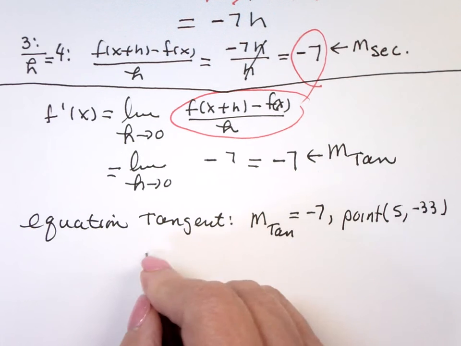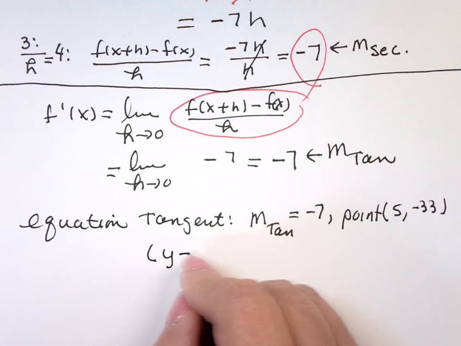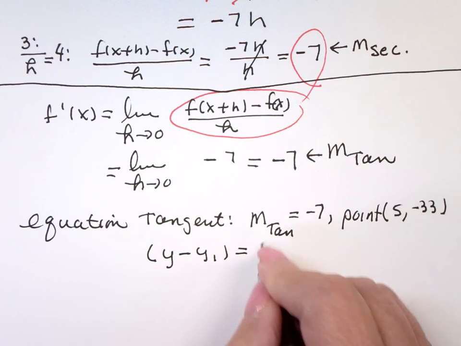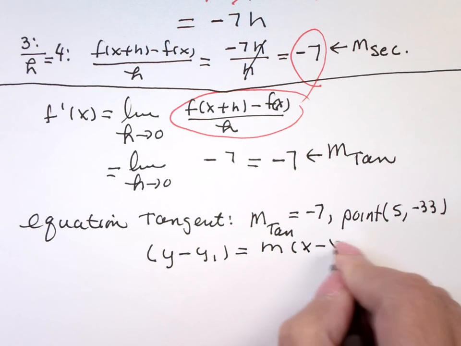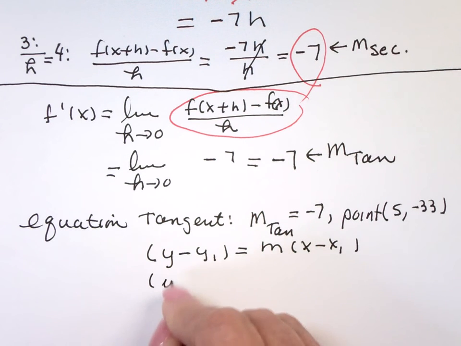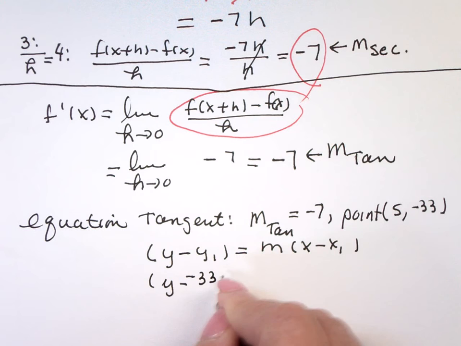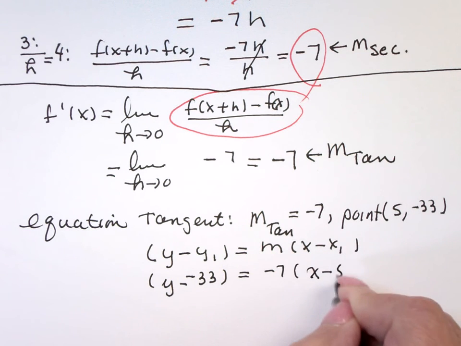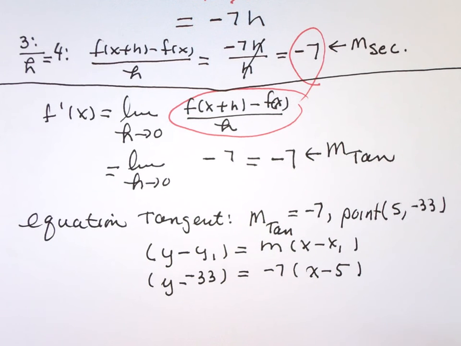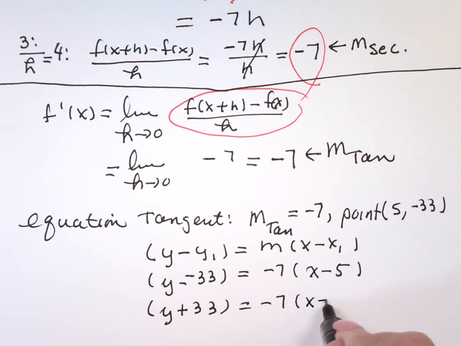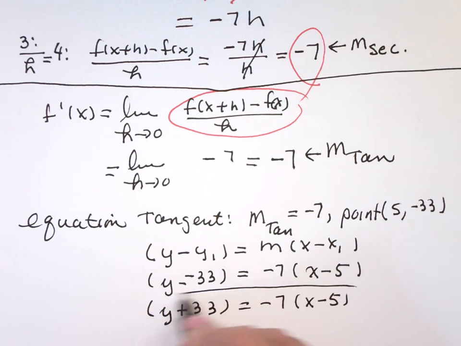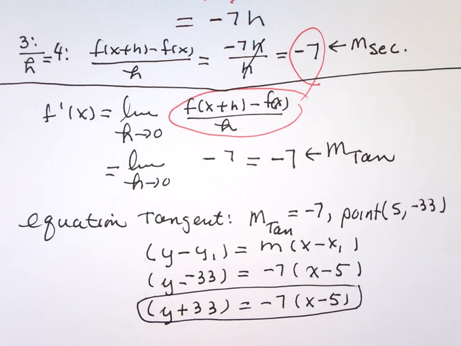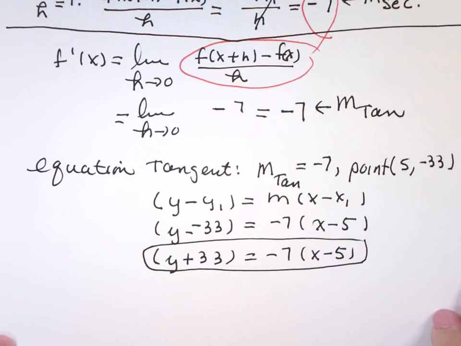And I personally use point-slope form. y minus y1 equals m times x minus x1, or y minus negative 33 equals negative 7 times x minus 5, or y plus 33 equals negative 7 times x minus 5. That's a perfectly good answer, by the way, because they didn't say what form to put the answer in.